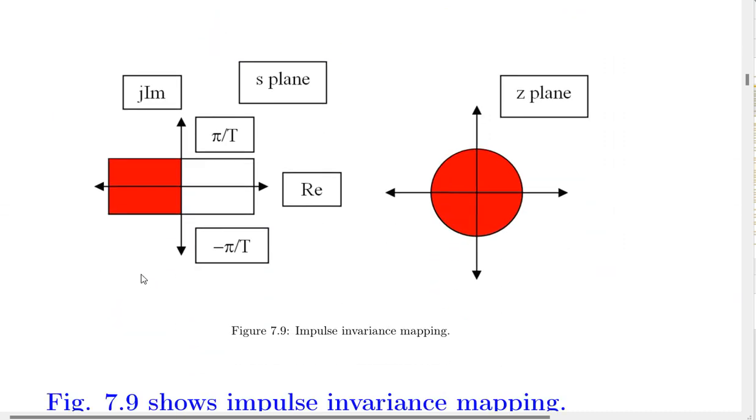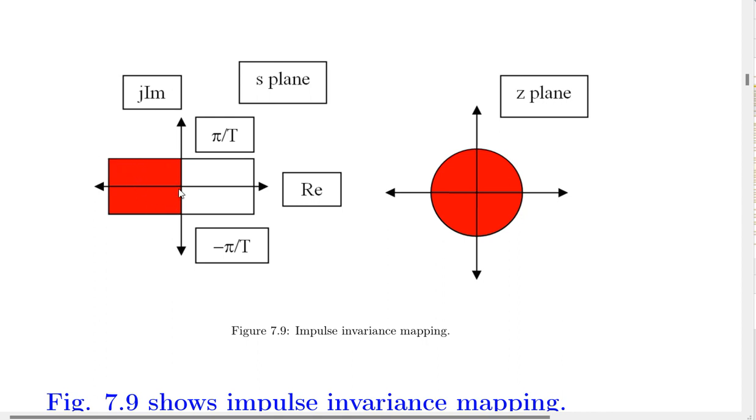Here you see a very useful illustration. You see here, the left part of the s plane is mapped inside the unit circle. Very good. A stable system will be mapped into a stable system in the z plane. An unstable system, the right side of the j omega axis in the s plane, will be mapped to outside parts of the unit circle. So an unstable system will be unstable in the z plane. The major drawback is here again.